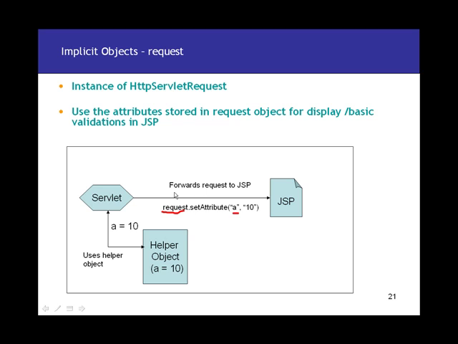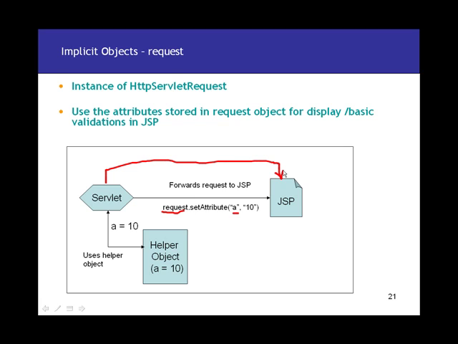Because the only place where I'm concerned about the value of a is in this JSP page. I'm going to print the value of a in this particular JSP page, and after that I don't really care what the value is. For only this particular request, the value of a is valid for me. For that reason I'm using the request attribute here.